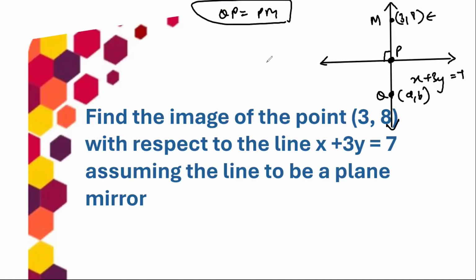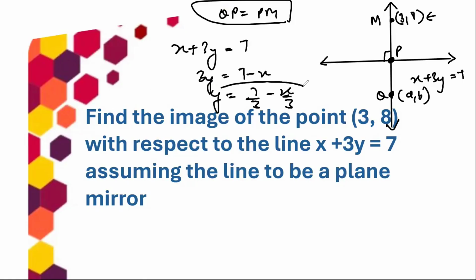If they are perpendicular, I will find the slope from this equation. Let me divide by 3. Whatever you have with x is the slope.